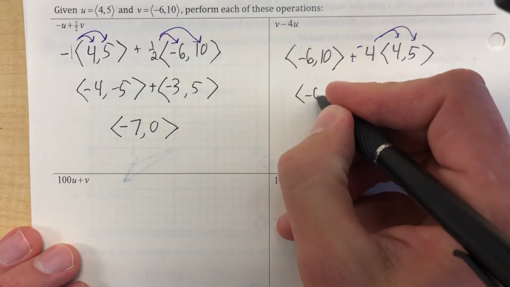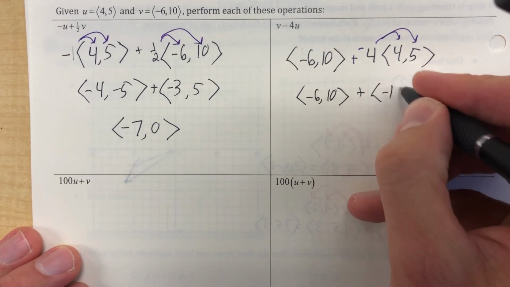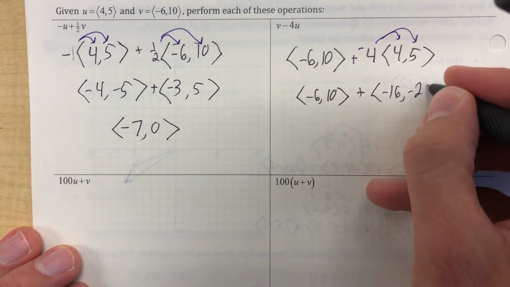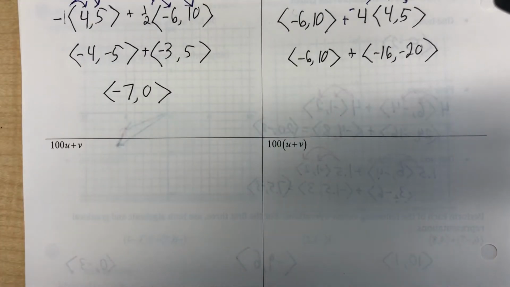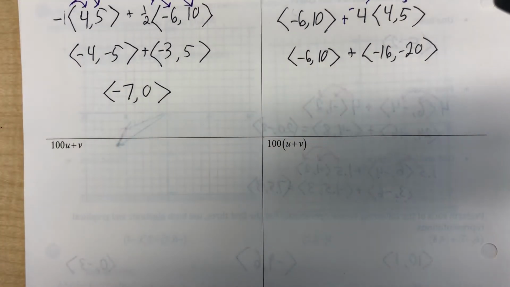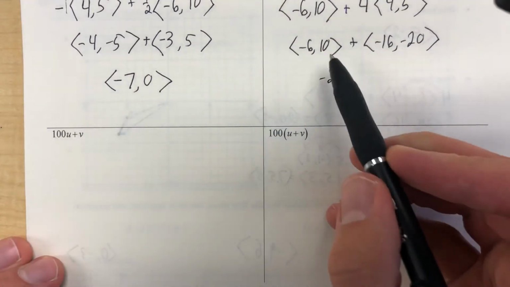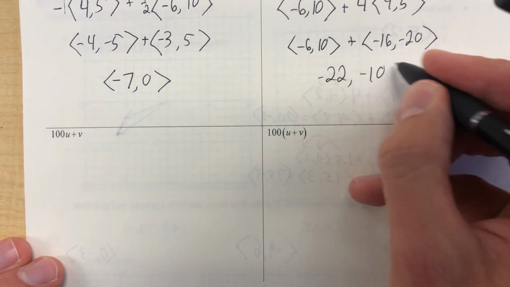So -6, 10, plus, all right, -4 times 4, that's going to give me -16. -4 times 5 is going to give me -20. And now we just do the basic math. So you got this. Feel free to mute the video and do it on your own. -6 minus 16 is -22. And then 10 plus -20 is -10.